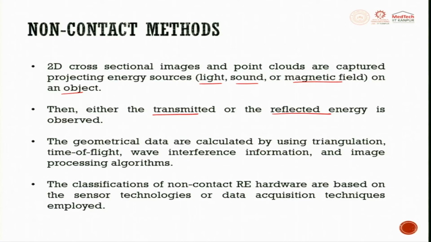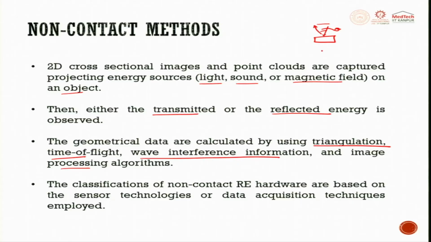Geometrical data are calculated by using triangulation, time of flight, wave interference information and image processing algorithms. In the triangulation method, when the light falls on an object, it returns back, and this makes a triangle. The angle of the triangle for each point gives me the data that is recorded.